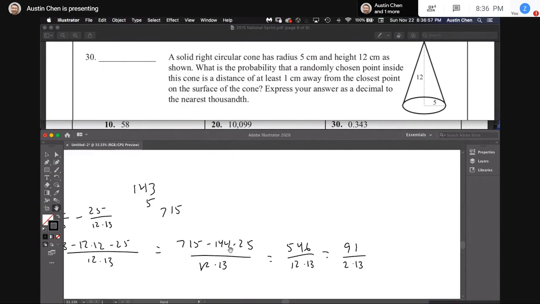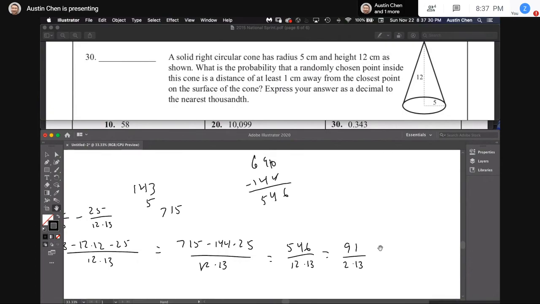See, 715 minus 25 is 690. And then we subtract 144. So that's going to be 546. See, is that not 546? And then you take out a 6. Then it's 91 over 2 times 13?